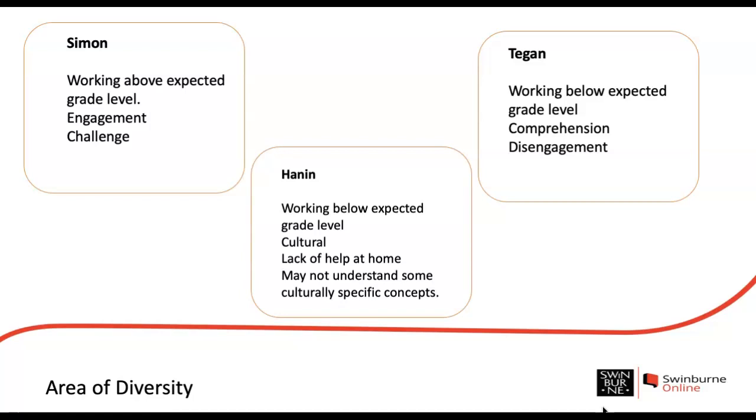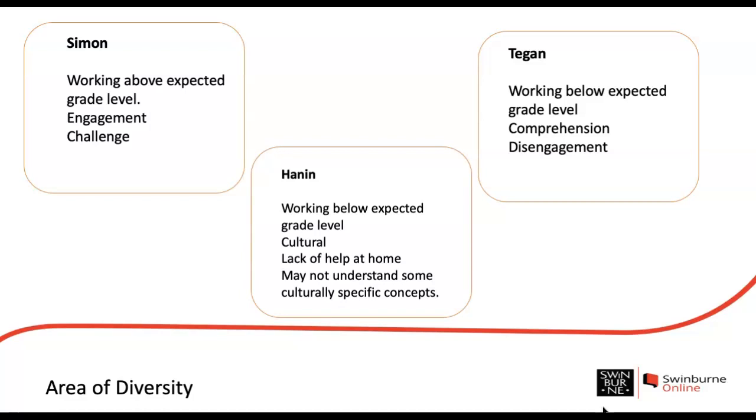So we've got that she's working below the grade level. There are going to be issues to do with cultural background and the fact that there was little help at home, and she may not understand some culturally specific concepts as well, because it can be tricky to read a book about cricket with cricket terms, or a book about being at the beach if you haven't been in those situations yourself.